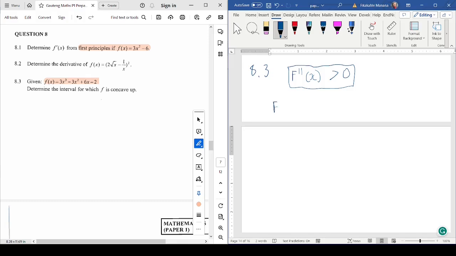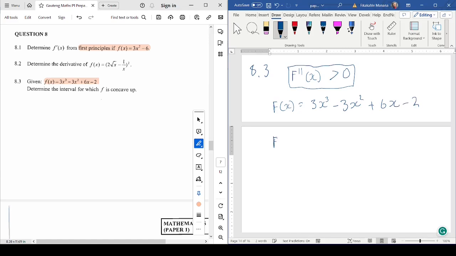First of all, the function f of x is equal to 3x cubed minus 3x squared plus 6x minus 2.